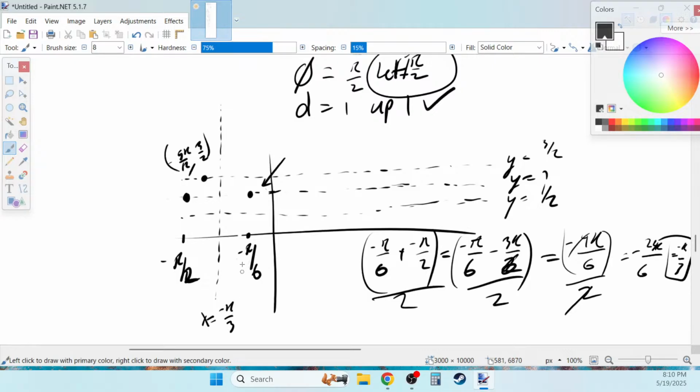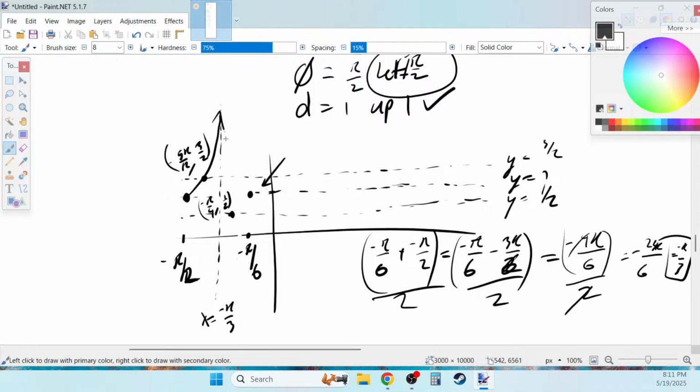So it should be 3 pi over 12, pi over 4. Yeah, that makes sense. So this here is going to be the point, where can I write that? That's negative pi over 4, comma, 1/2.